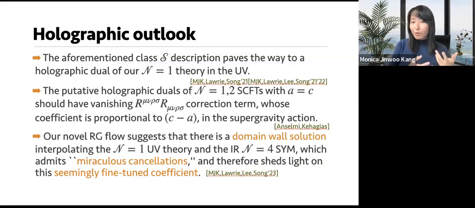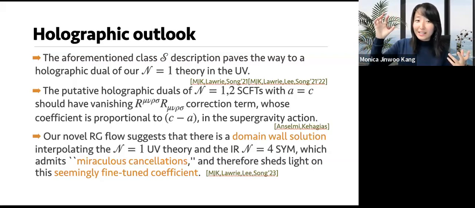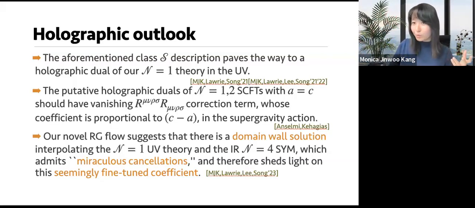So the aforementioned class S description really paves the way to a holographic dual of N equals 1 theory in the UV, and having all these 4D N equals 1 and N equals 2 theories at A equals C, we can now try to match this to holographic duals and understand what it means to give rise in the RG flow to the 4D N equals 4 super Yang-Mills holographic dual solution.